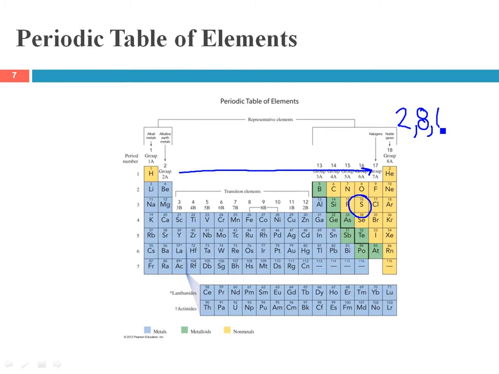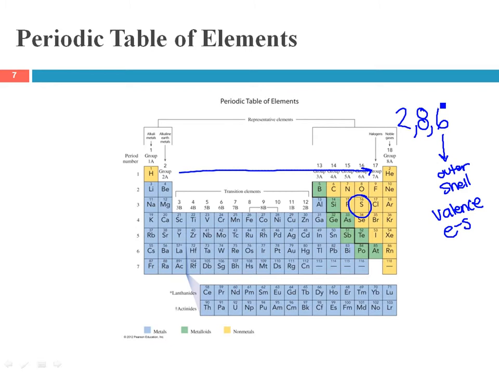So we have 6 electrons in the outer shell. We're also going to learn that the outer shell, so here's our outer shell, these are called valence electrons. These are the most accessible electrons because they're in the outer shell. They're the furthest away from the nucleus, and they can react with other atoms, and so they are involved in reactions.